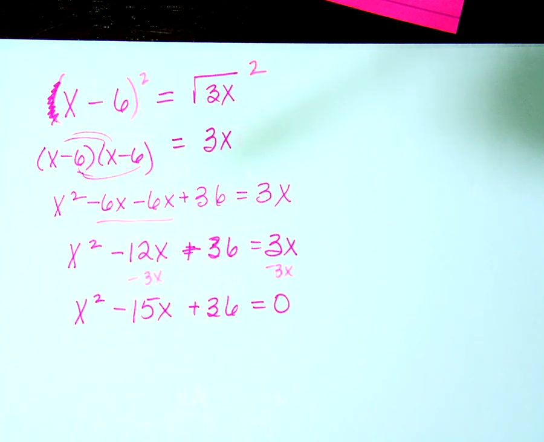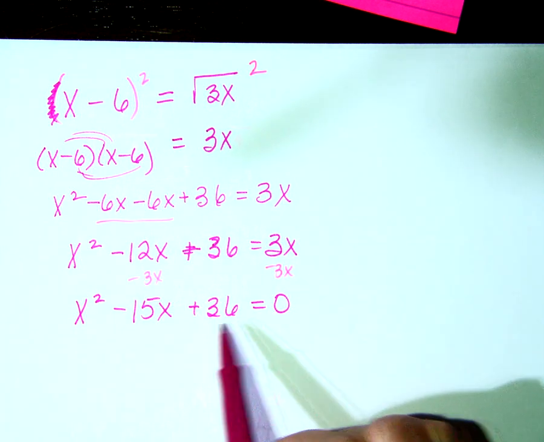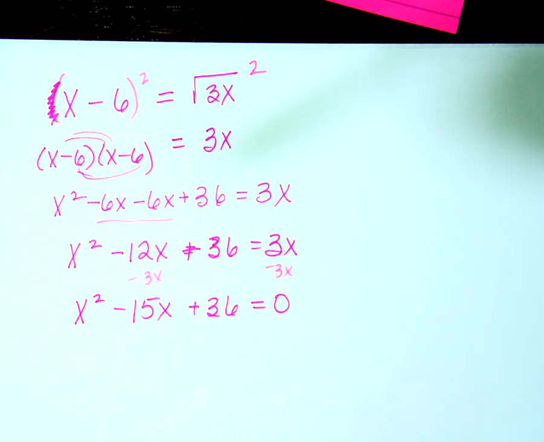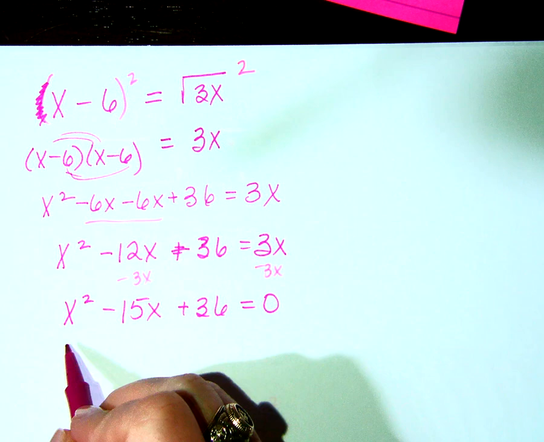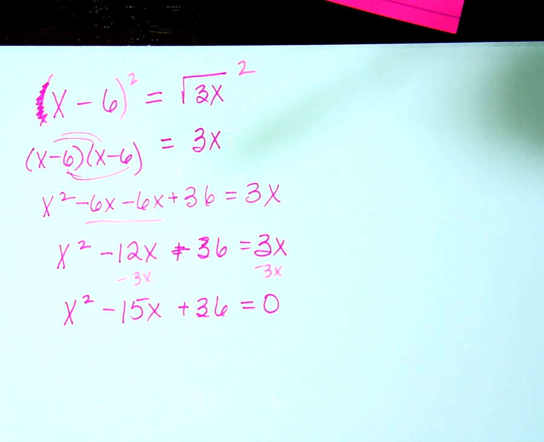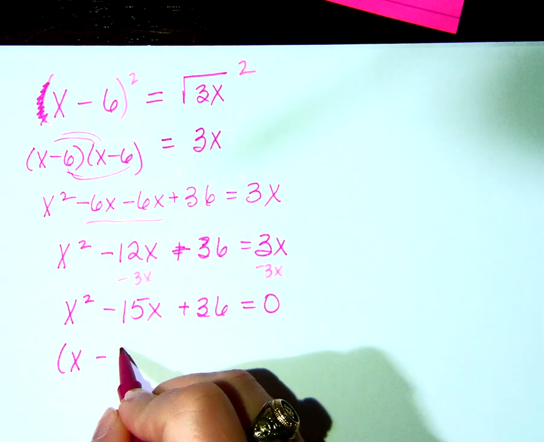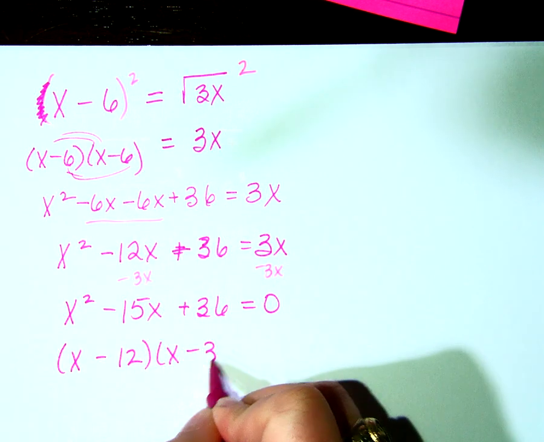It's a trinomial with a leading coefficient of 1. So the first thing I want to try is factoring. What multiplies to be 36 and adds to be negative 15? 9 and 6 don't multiply to be 36. So x minus 12 and x minus 3.